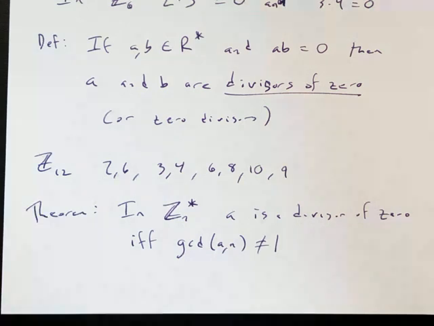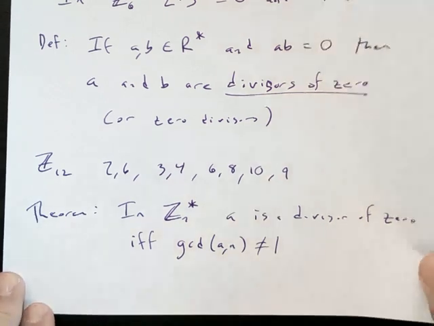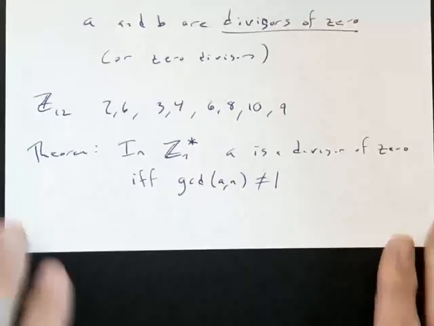Divisors of 0 are the ones that are not relatively prime to my modulus n.